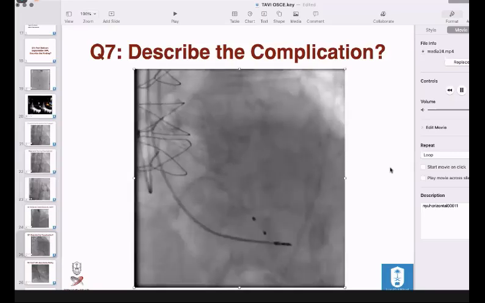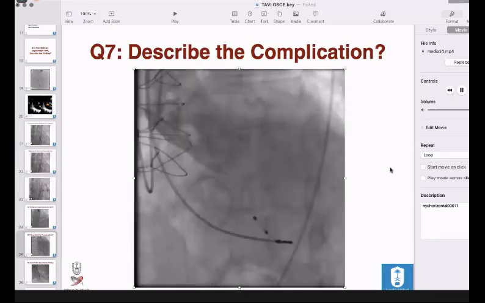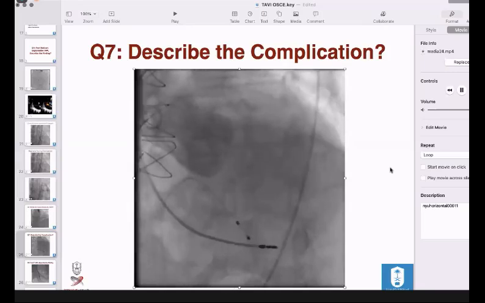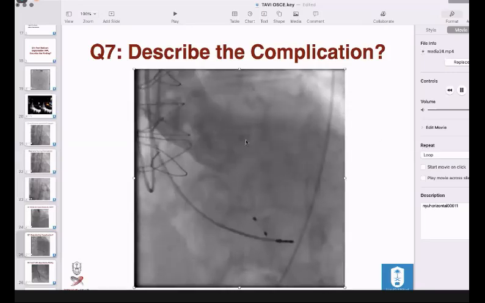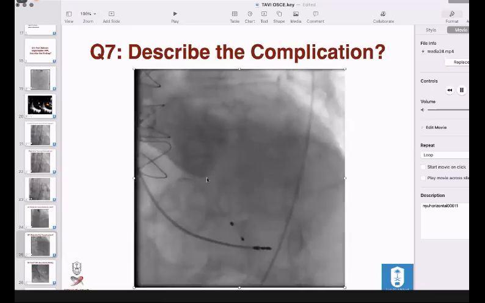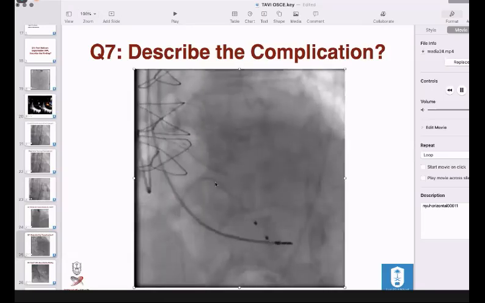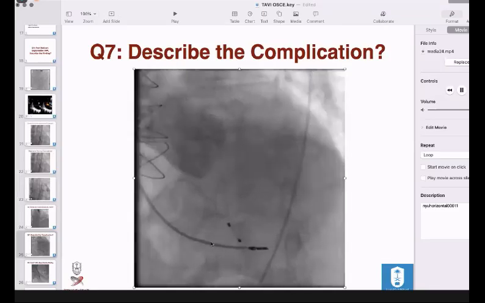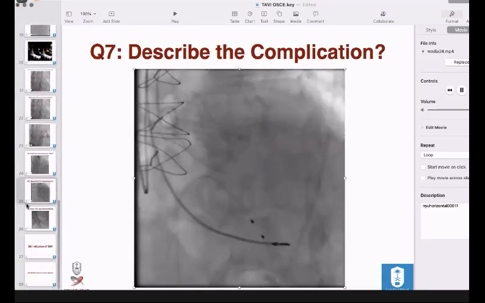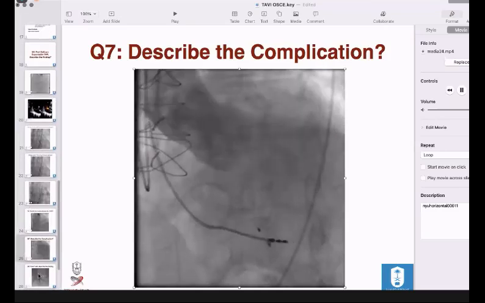So high implantation of the valve in the aorta causes a severe paravalvular leak. You're right. See the paravalvular leak and see where the valve is. It's above the annulus. This is a very frequent scenario. They might ask you.